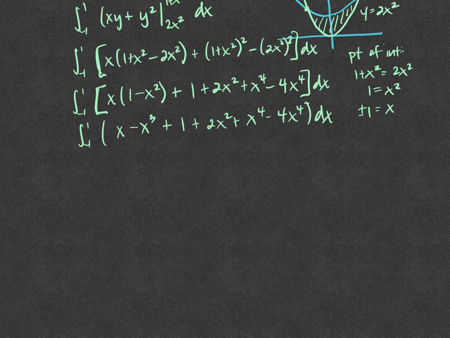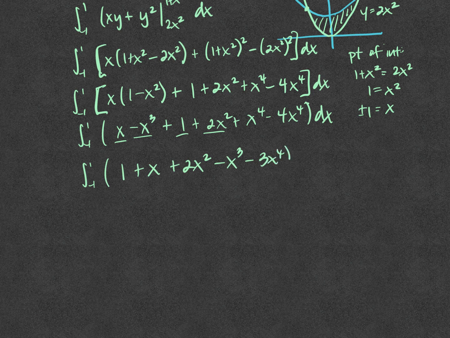All right, so let's combine like terms before we integrate again. We have -1 to 1, and let's start with the constant. I have 1, and I'm going to go in ascending order instead of descending order. It can go either way. I have a lonely x over here, so plus x. I have a 2x squared, a minus x to the 3rd, and a minus 3x to the 4th with respect to x.